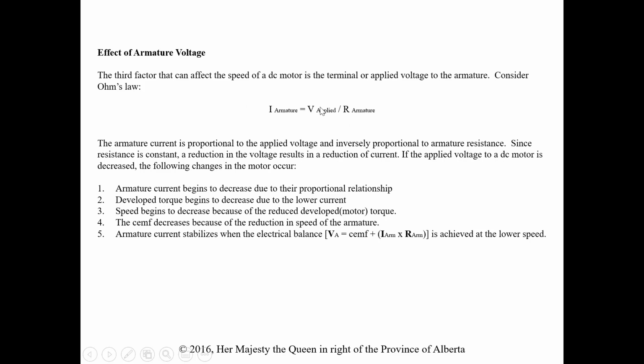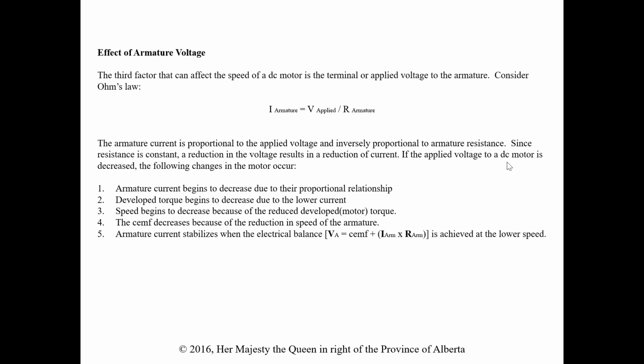So armature current and the applied voltage are directly proportional. The armature current is proportional to the applied voltage and inversely proportional to armature resistance. Since the resistance is constant, a reduction in the applied voltage results in a reduction of current.